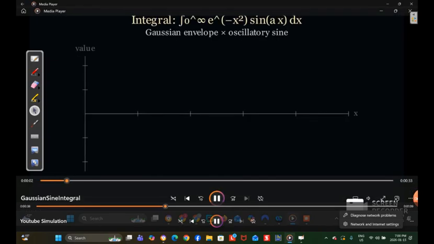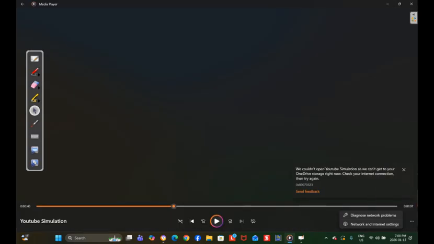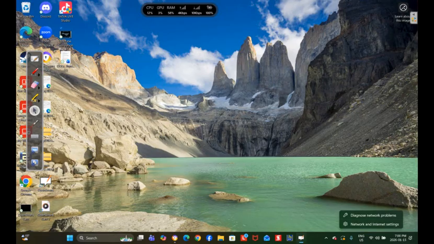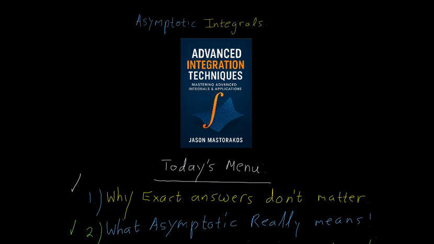I hope that makes sense. Having a bit of technical difficulties, no problem. But sine ax is only operating inside of the envelope, which is very important to understand. Let's operate within the envelope.